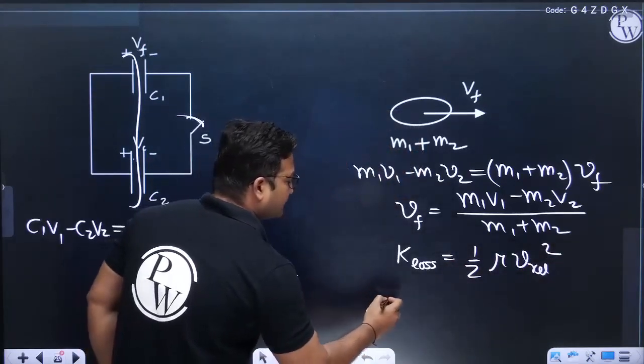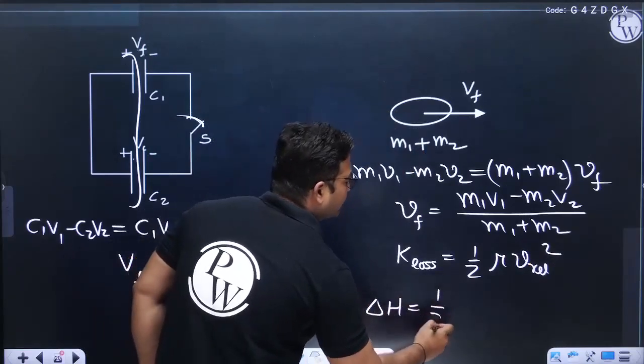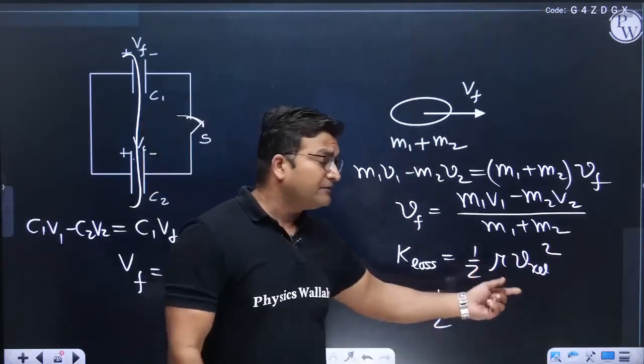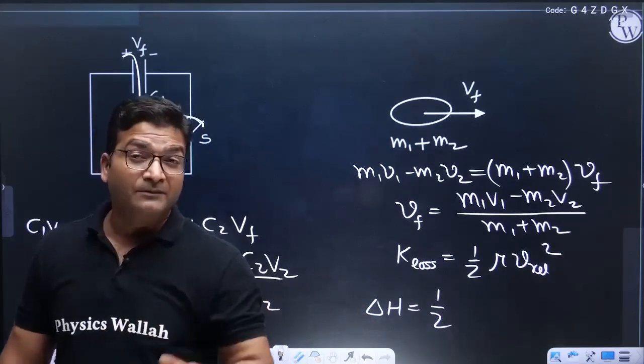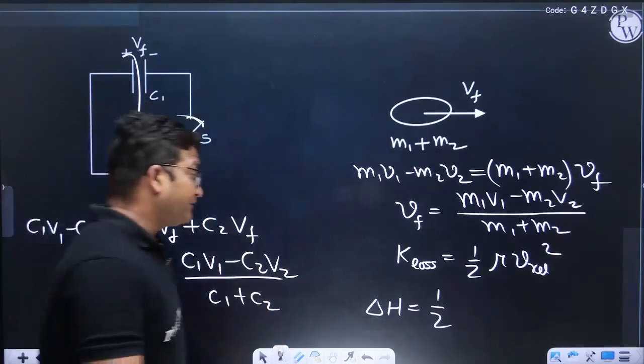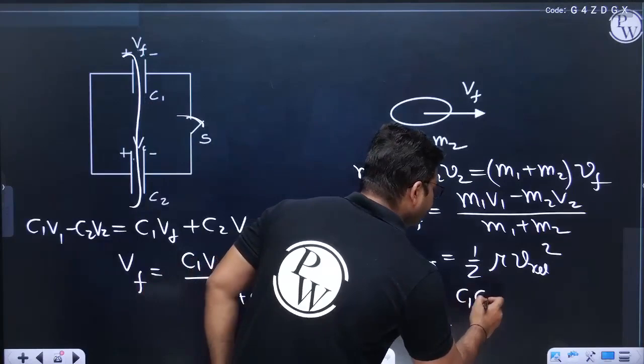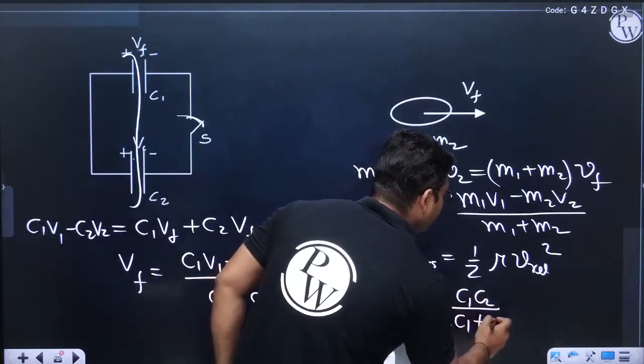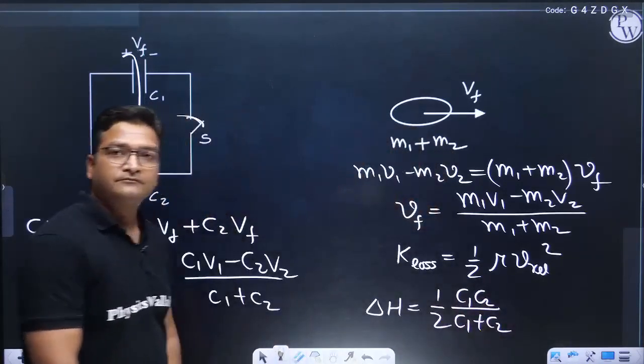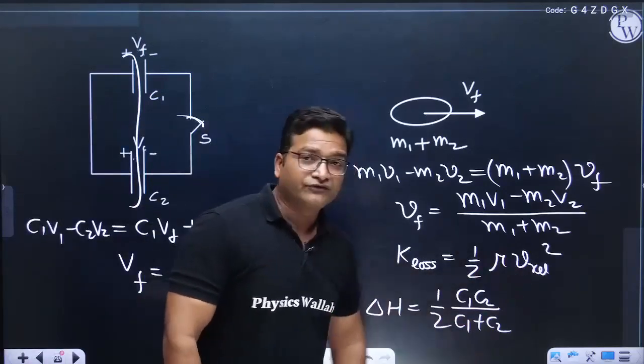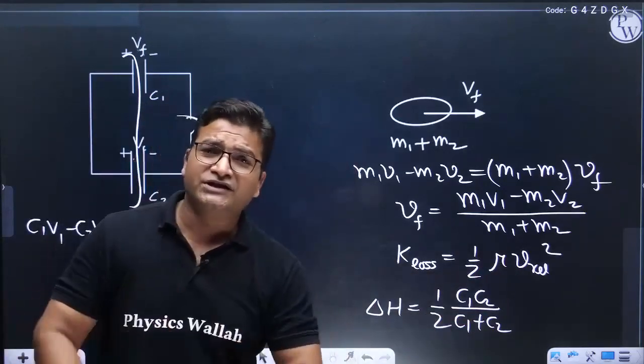So here heat loss would be equal to 1 by 2, and as you know, mu is m1 m2 upon m1 plus m2. Replacing mass by capacitances, we have C1 C2 divided by C1 plus C2. Now relative velocity becomes relative potential here.